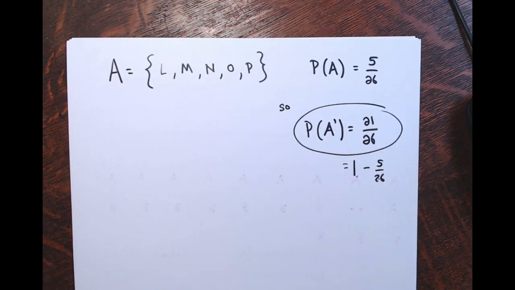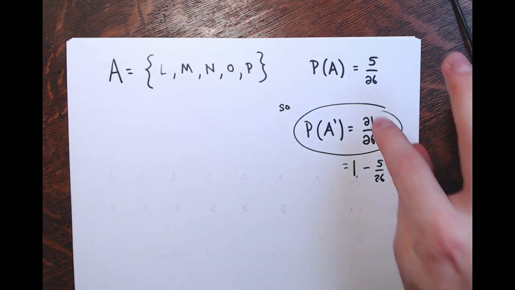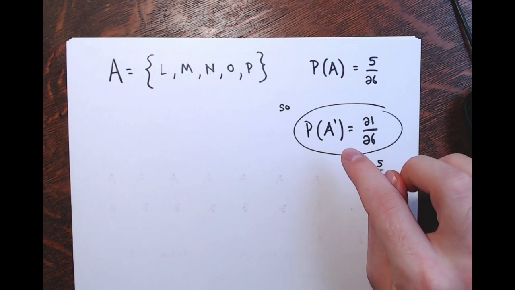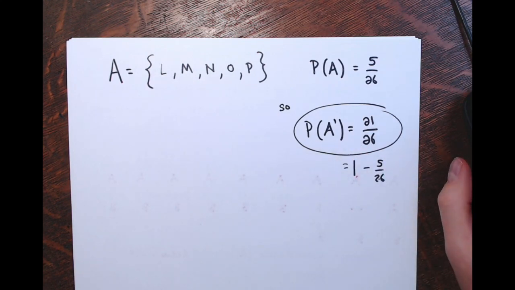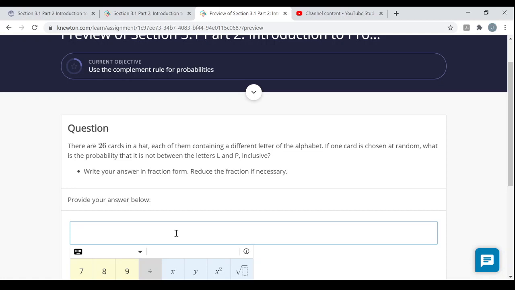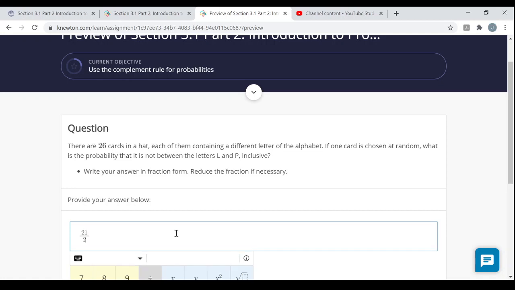The other 21 letters of the alphabet are not from L to P. And that's what we were being asked: the probability that the letter we select is not between L and P inclusively. So hopefully that made sense. Again, the probability of an event plus the probability of not that event must be equal to 1. So I just enter as a fraction, 21 out of 26.